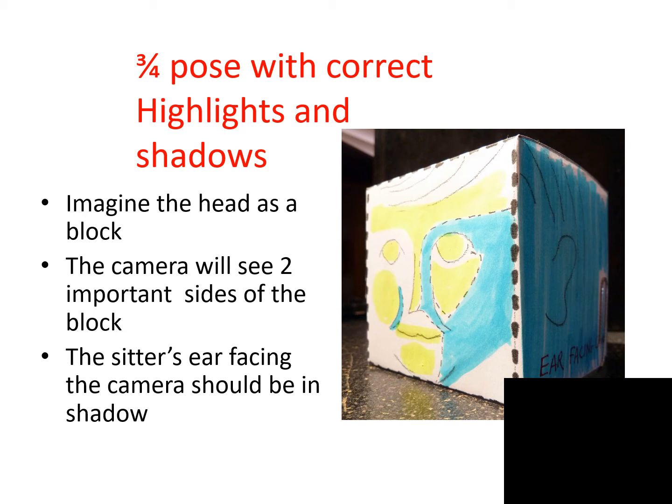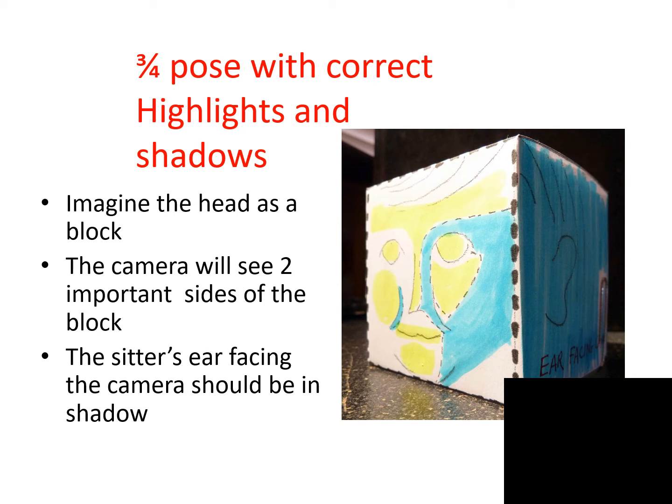But anyways, the head can be thought of as a block with different surfaces. The features that we read, the eyes, the smile, all of that is on one part of the head. Then we have two surfaces on the sides, which we hang our ears on, and we have the back of the head and the top of the head.